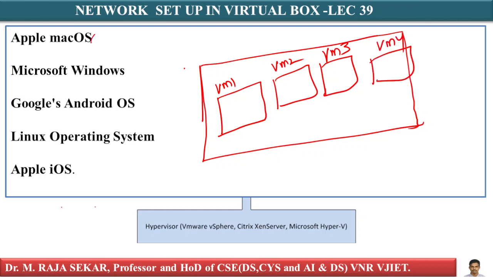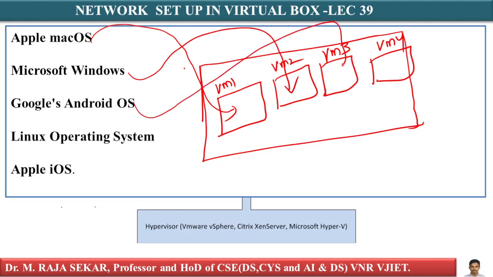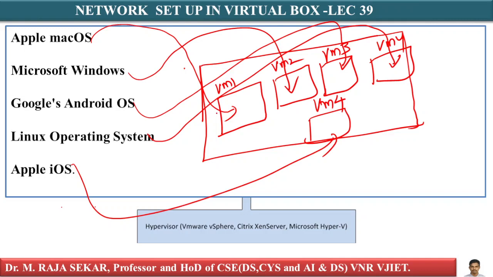In the first virtual machine, I can keep which operating system? Apple Mac OS. In the second virtual machine, I can keep Microsoft Windows. In the third, I can keep Google Android OS. Next one, in VM4, I can keep Linux operating system. Let me assume there is one more virtual machine in which I can keep Apple iOS.